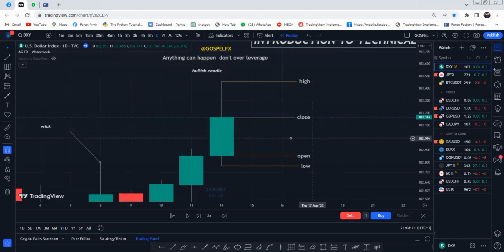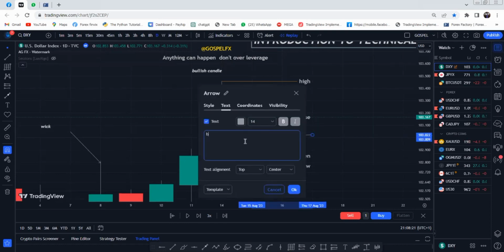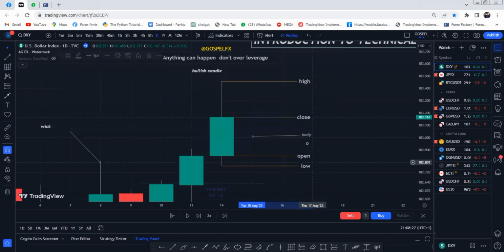What you see here is the body of the candle, and these are the wicks.